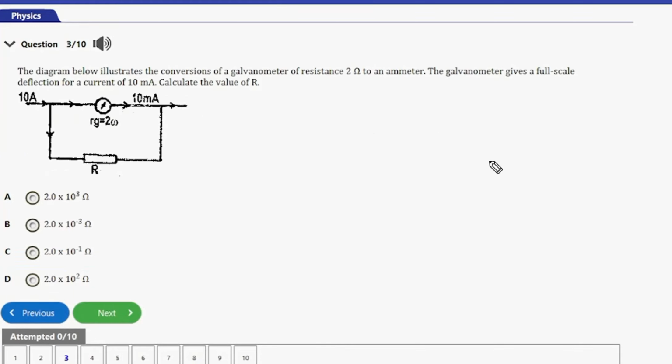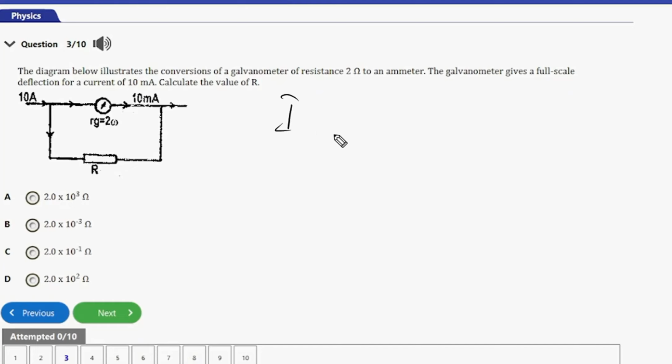It says the diagram below illustrates the conversion of a galvanometer of resistance 2 ohm to an ammeter. The galvanometer gives a full scale deflection for a current of 10 milliamps. Calculate the value of R. Alright, so the first thing we'll do is to state our parameters here.